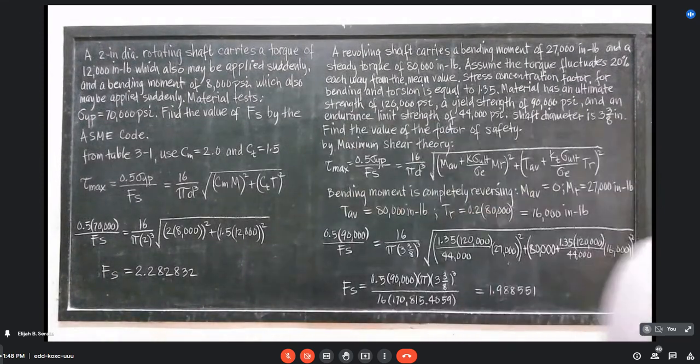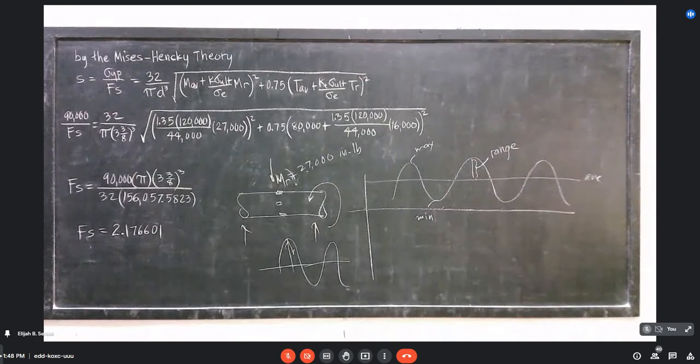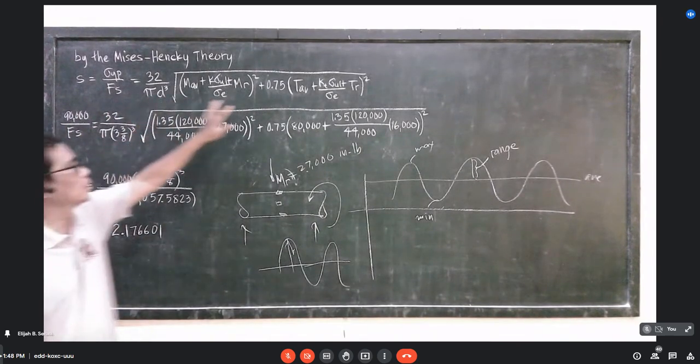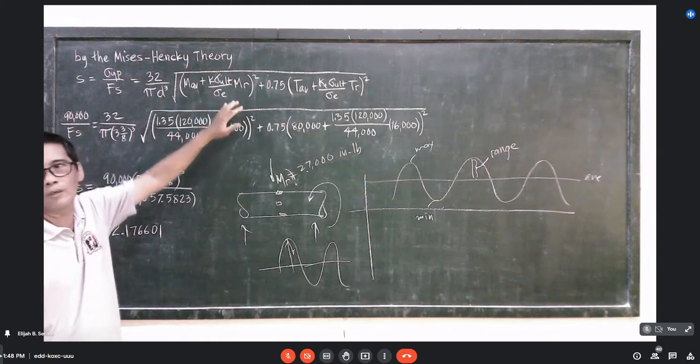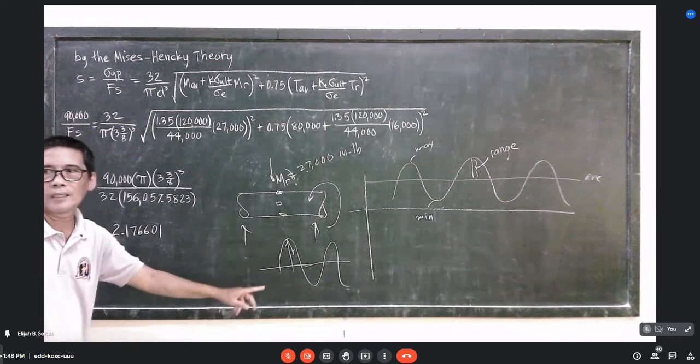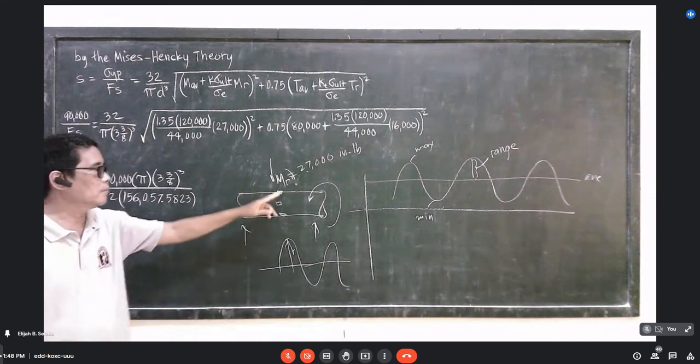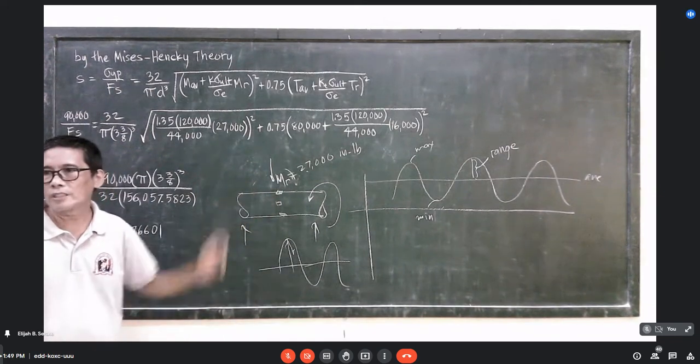But for Von Mises, and that is also the case for maximum stress theory, you have yield point in tension over the factor of safety, which is 32 over pi d cube, again, this quantity. And then we just substitute the same condition: the average torque, the range torque and the moments are all the same. So we still have the range moment because of the condition of the element as your shaft is revolving.